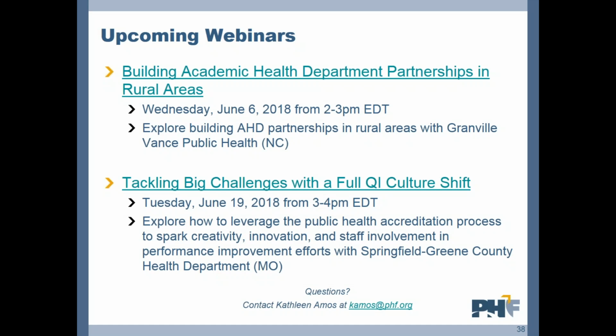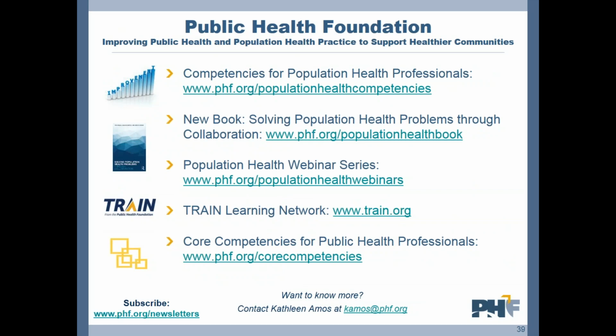And last but not least, we have a variety of resources here. We have competencies for population health professionals. These are nearing finalization within the next month or two. We've gone through several rounds of public comment and had a lot of feedback, and we are rounding these out now.